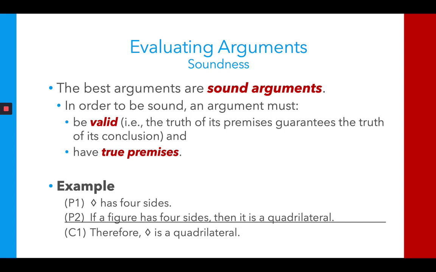That sounds true. So we've got true premises, and the important thing is that if this particular figure has 4 sides, and if it's true that all figures that have 4 sides are quadrilaterals, then we can know with certainty that that figure is a quadrilateral. That inference that we can draw, if premise 1 and premise 2 are true, then the conclusion has got to be true. That's what it means to be valid.